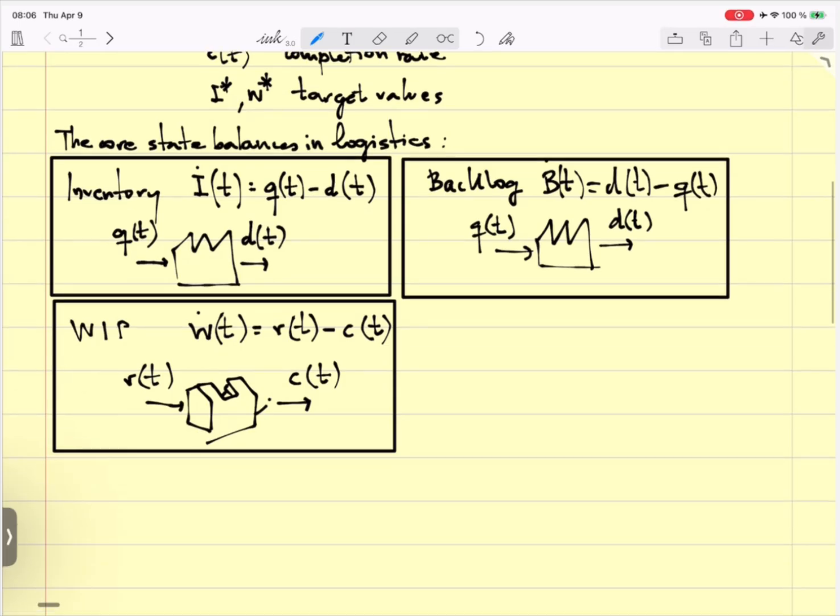Okay, so let's look at the base stock and reorder point as feedback loops.